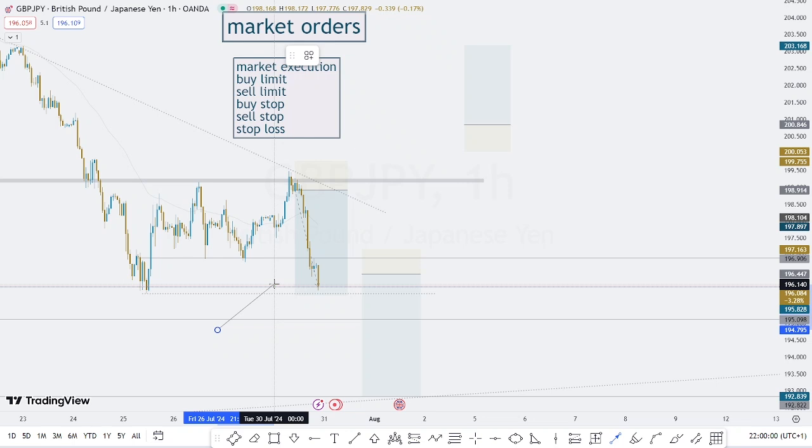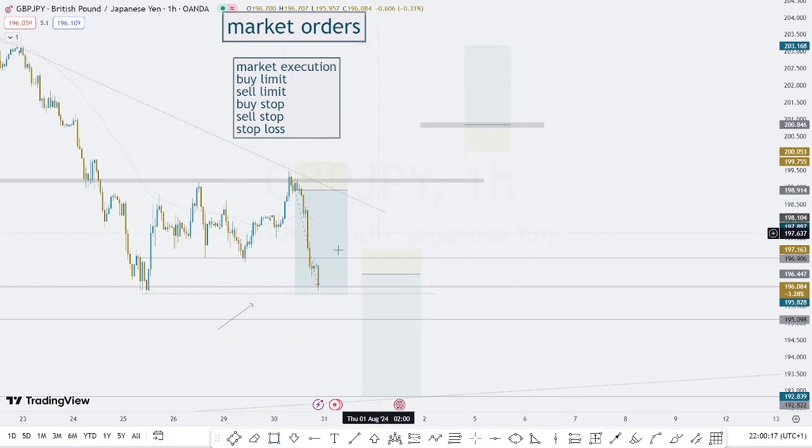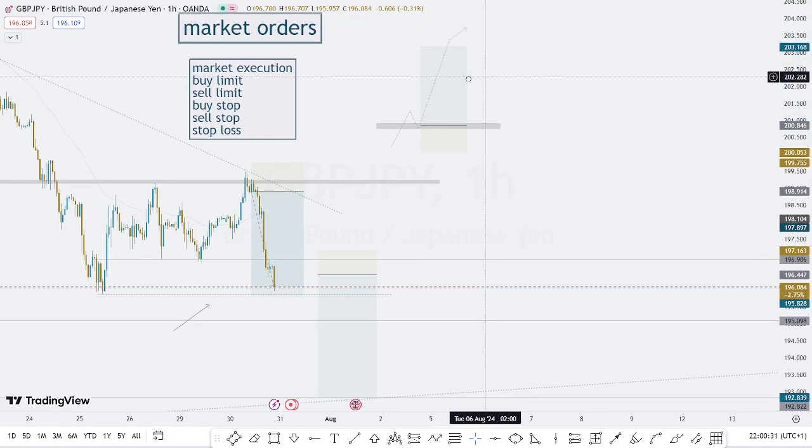So if the price is here now, as you can see on my chart, I'll just buy it directly from that place and it's going up. I'll put my SL below it and my TP above it. This is just the market execution, the current market price.